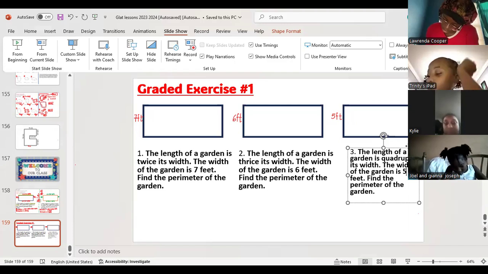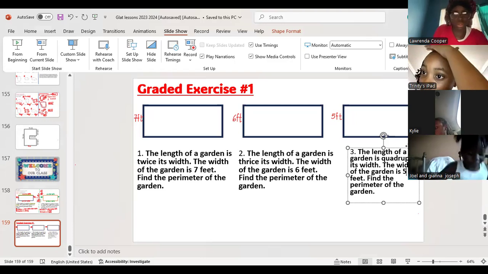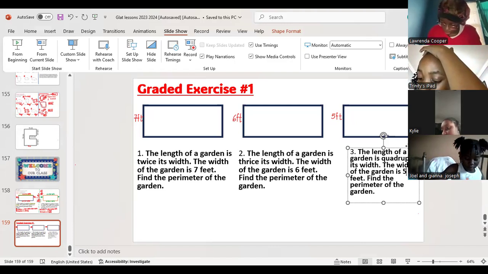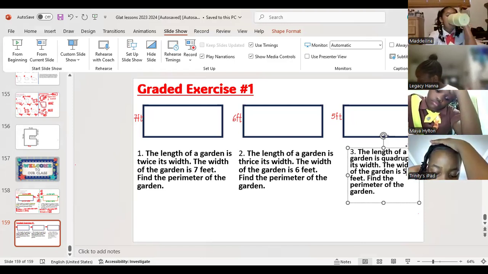And Lorenda, what number are you on? Finished at the end of number 3. Okay, good. And Madeline, what number are you on? I'm on number 2. Number 2. Okay.